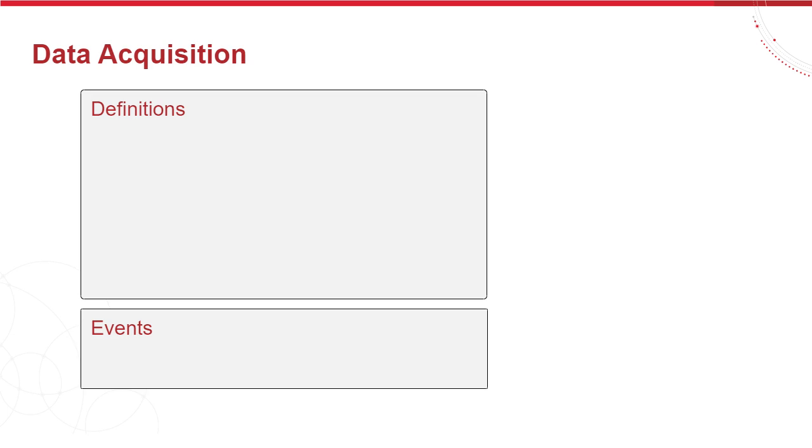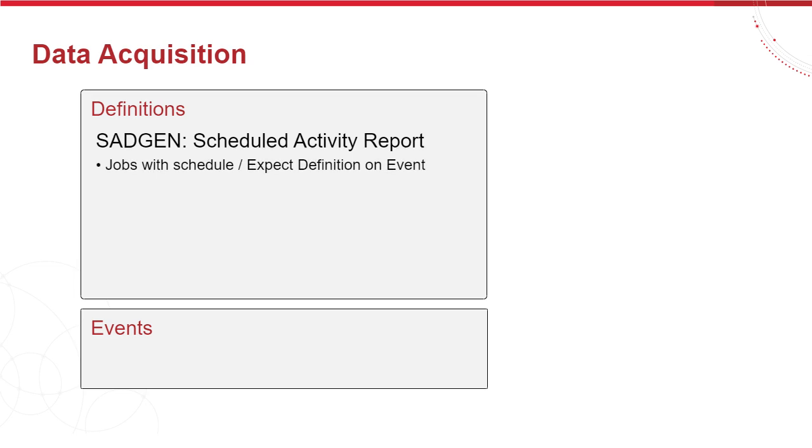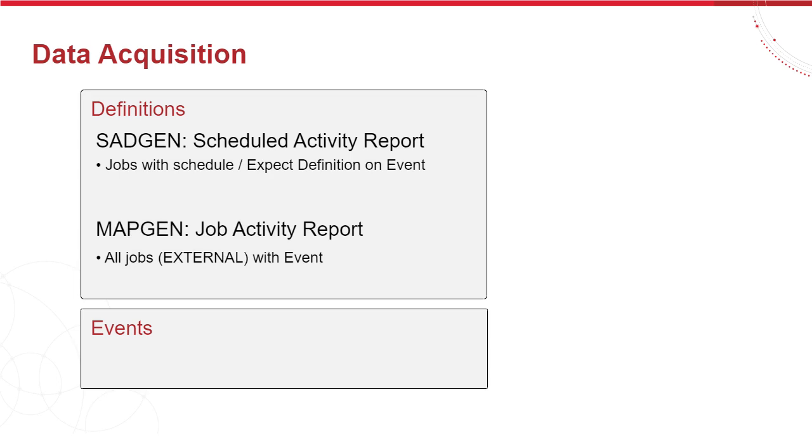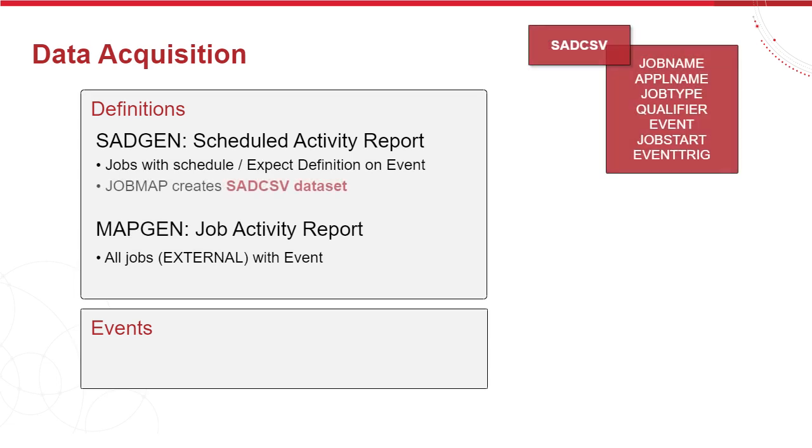We start with definitions. ESP produces two reports, scheduled activity, generated with the SADGen and JobMap commands, and the job activity report, generated with the MapGen and again JobMap. SADGen generates a dataset based on a number of data points: job names, application names, triggering events, external jobs, and so forth.